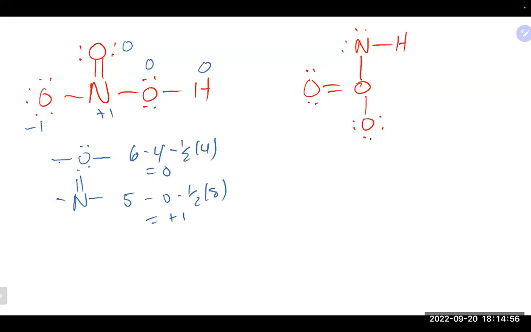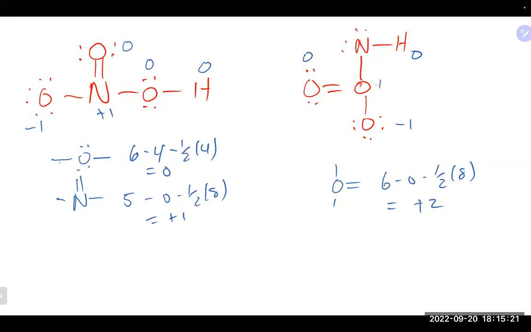Now our nicely funky nitric acid over here, this guy will end up at -1. This guy will end up at 0. That will end up at 0. The oxygen there that's double bonded and single bonded will be 6 minus 0 minus 1/2 of 8. That's going to give us basically a -2, I believe, if I'm doing the math there. That is actually, no, it is +2.